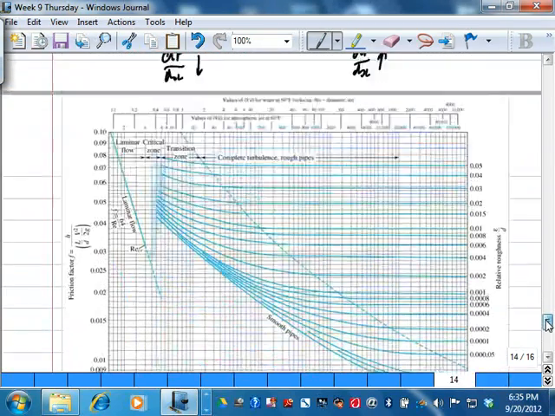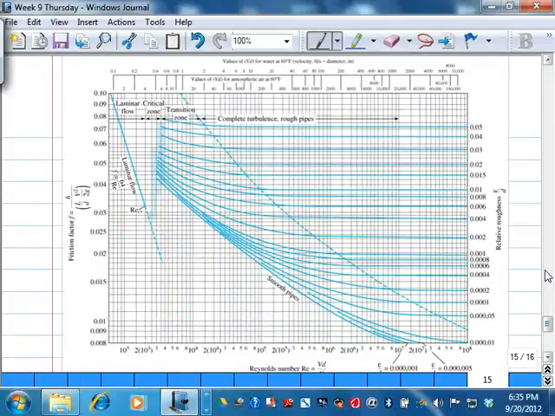Okay, just a few notes on this chart. Number one, after a certain Reynolds number, depending on the roughness, the Reynolds number doesn't have an effect anymore. It just purely depends on the roughness. It goes nice and straight. This is complete turbulence, completely turbulent.